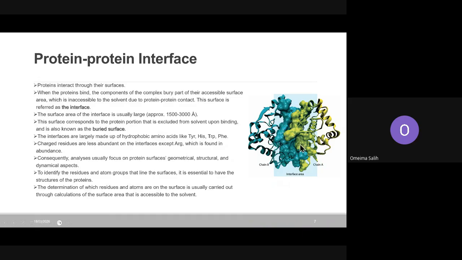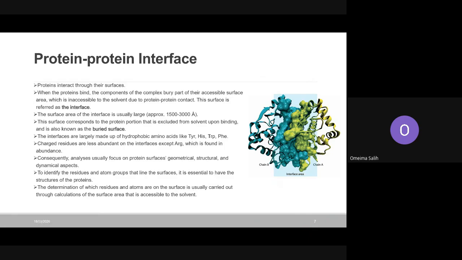If you notice, tyrosine, histidine, tryptophan, and phenylalanine are hydrophobic amino acids. That's why they tend to be away from solvents. So that's why they get into reactions to produce what is called an interface.